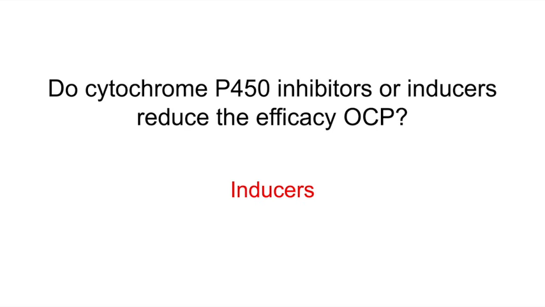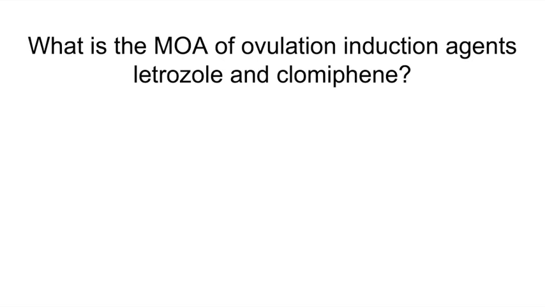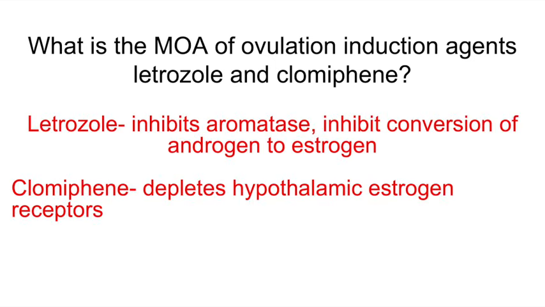What is the mechanism of action of ovulation induction agents, letrozole and clomiphene? Letrozole inhibits aromatase. It also inhibits the conversion of androgens to estrogens, while clomiphene depletes hypothalamic estrogen receptors.